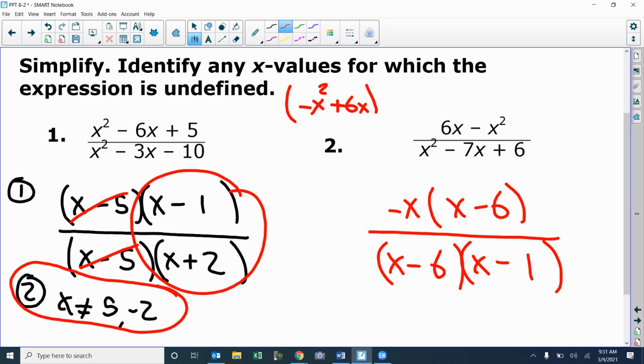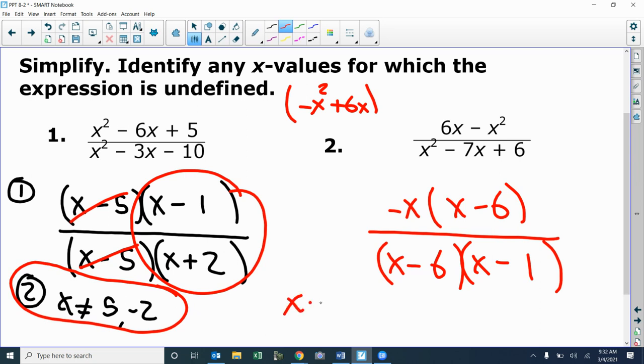See if you can tell me what x can't be now, and then finish up. So remember, we've got to solve for those denominators.